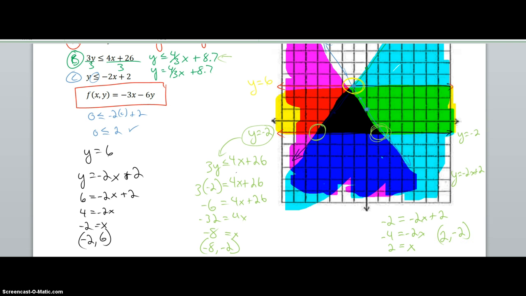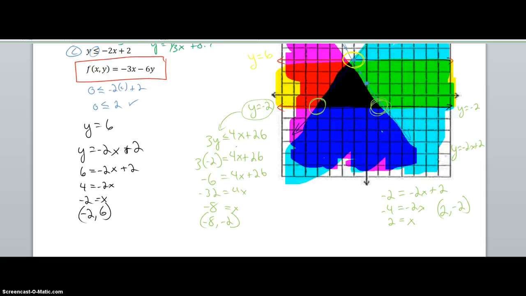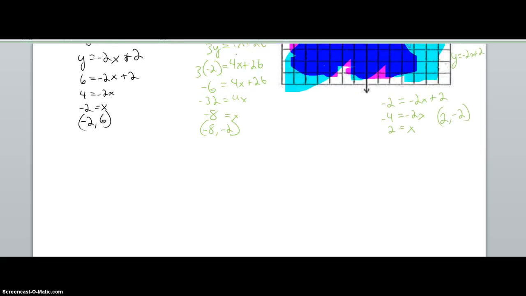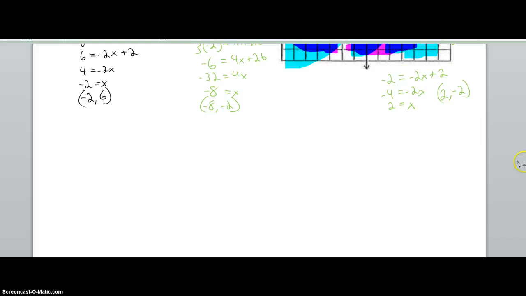Next thing we need to do is find the minimum and the maximum, and we're through. All right, so we've got our vertices. Now we need to set up our table so we can solve for the minimum and the maximum.